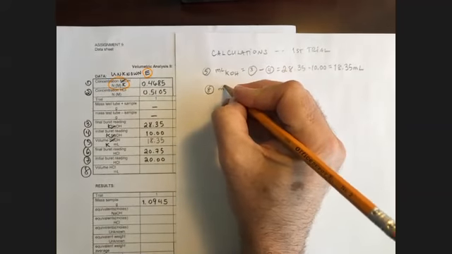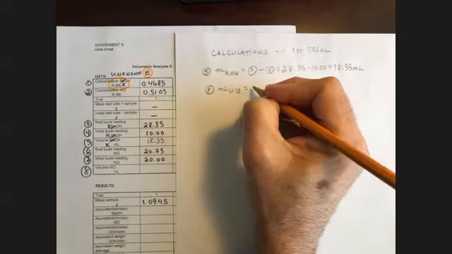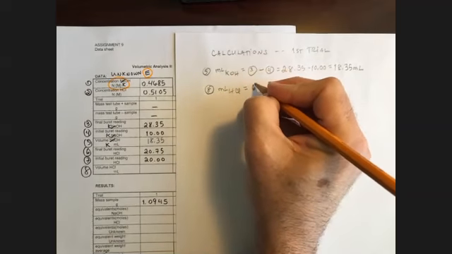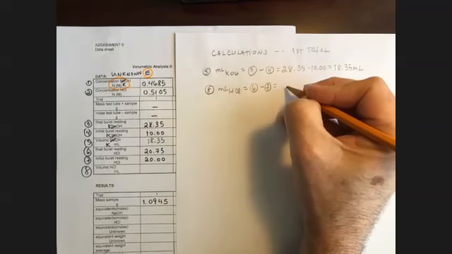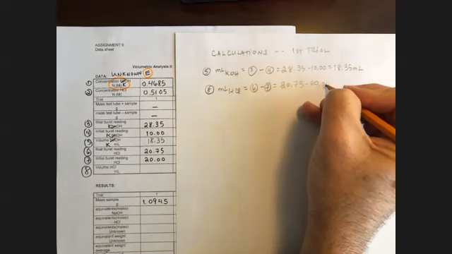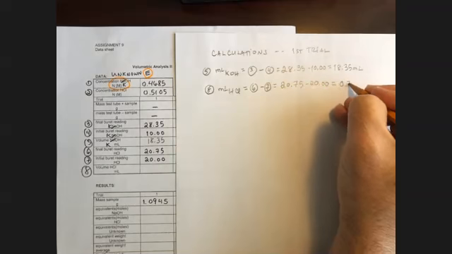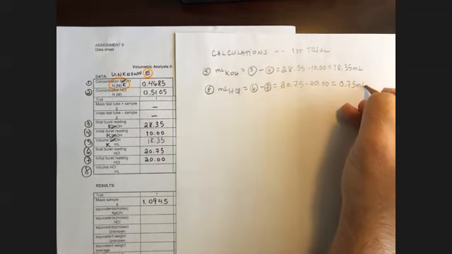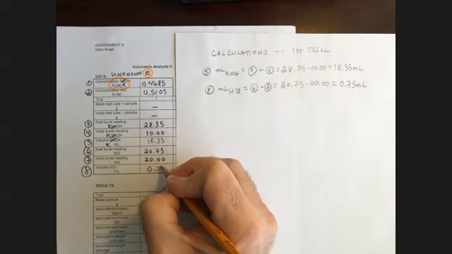The milliliters of HCl that they used would be item number 6 minus item number 7. In other words, 20.75 minus 20.00, and that gives you a total of 0.75 milliliters. And that's the number we're going to write down here, 0.75.